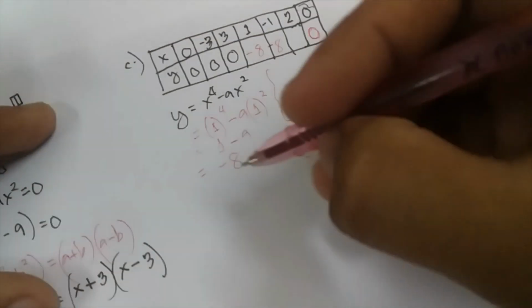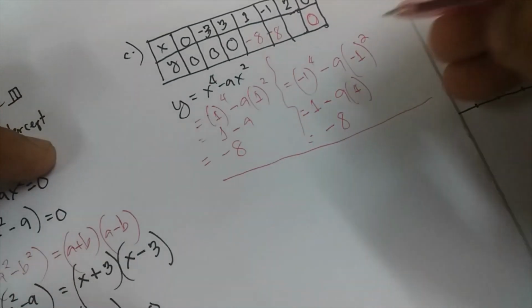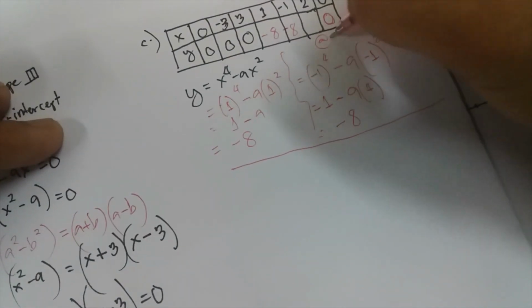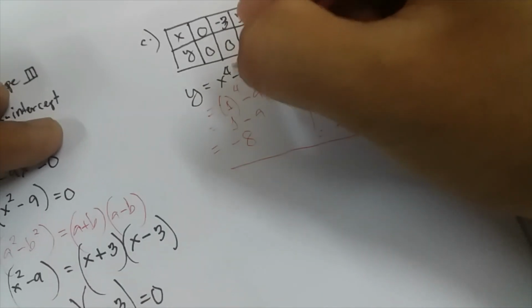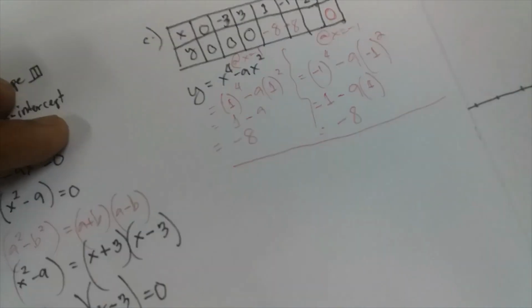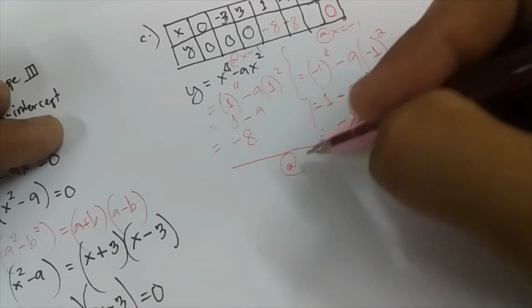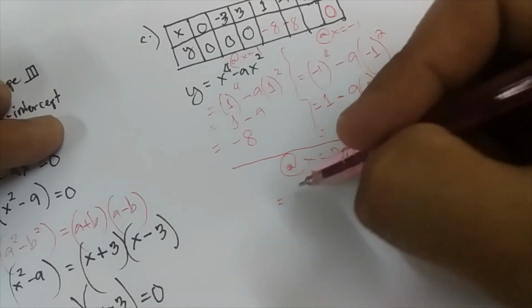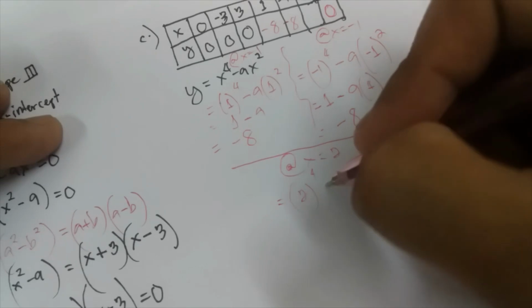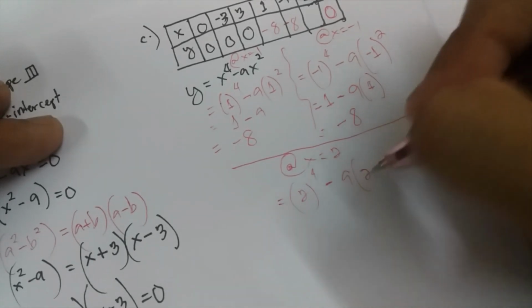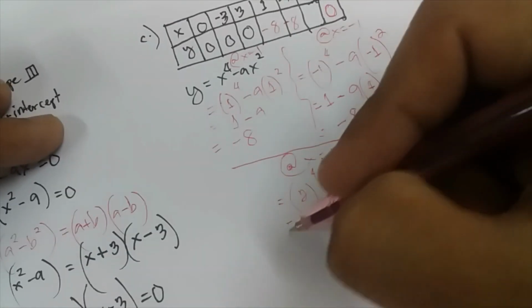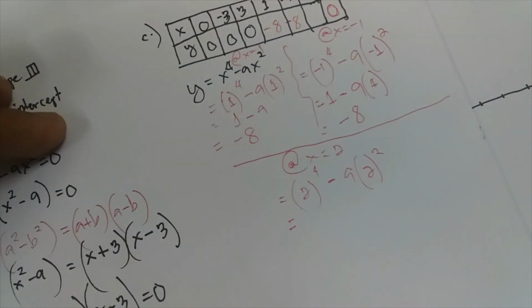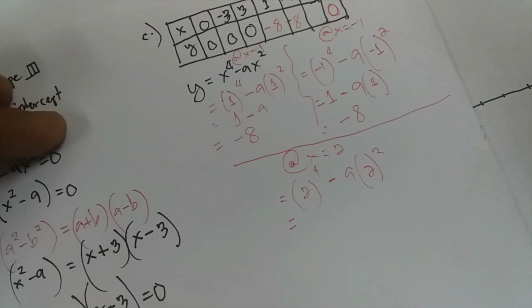Okay, next, when x is equal to positive 2, at x is equal to negative 1, at x is equal to positive 1, then at x is equal to positive 2. So we know that 2 to the power of 4 minus 9 times 2 squared. So 2 to the power of 4, that is 2 times 2, 4 times 2, 8 times 2, 16.